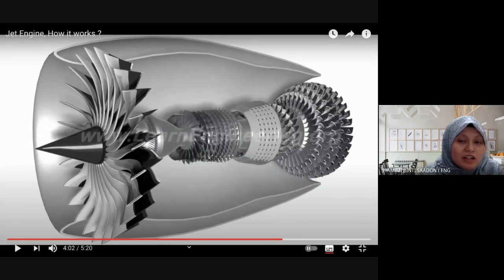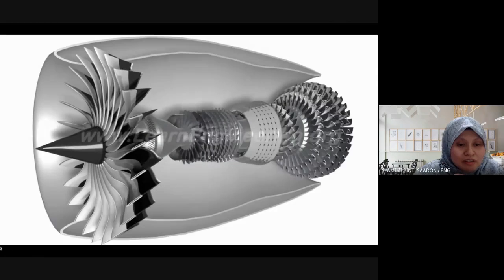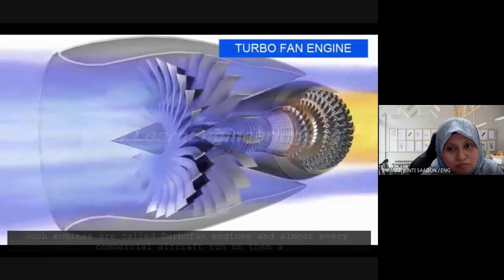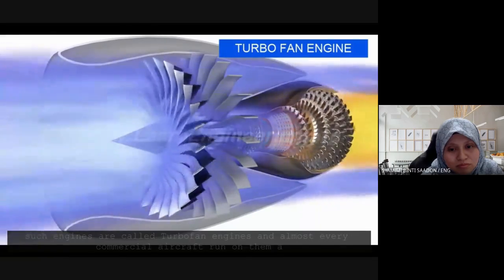And then the technology adds the fan here at the front of the turbojet. So originally the basic is turbojet, and then we add the fan. So it becomes turbofan. Such engines are called turbofan engines, and almost every commercial aircraft runs on them.